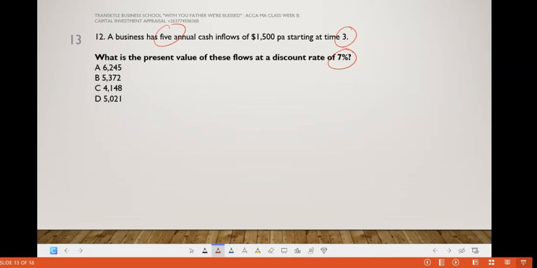So we are looking at a situation where, let me draw the number line. This is year 3, at the start of year 3, then year 4, year 5, year 6, year 7.